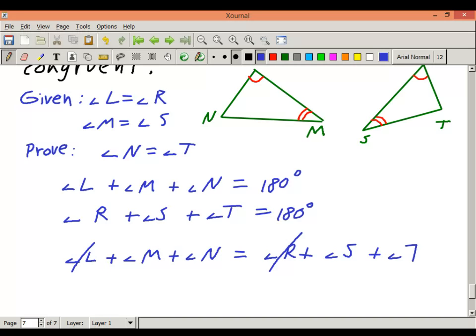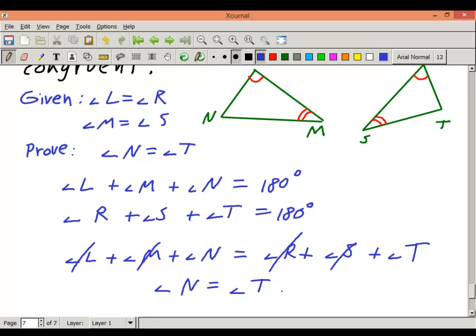We're also given up there that angle M is equal to angle S, so we can subtract those from both sides. Oops, that's a T there. And so we're left with angle N equals angle T, which you can see is what we started out to prove. So that's the third angles theorem.